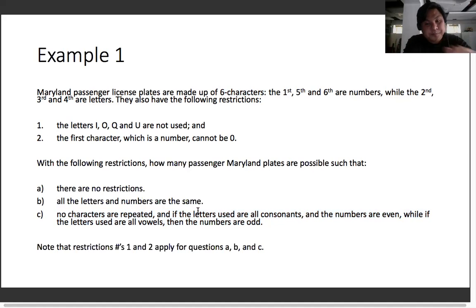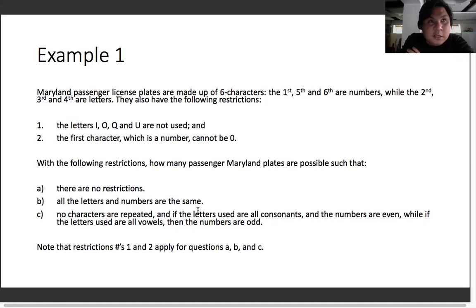So thus, the plates should look like all the letters are consonants with all the numbers being even, and also all the letters are vowels while the numbers are odd. So it's either consonant and even or vowels and odd, right?